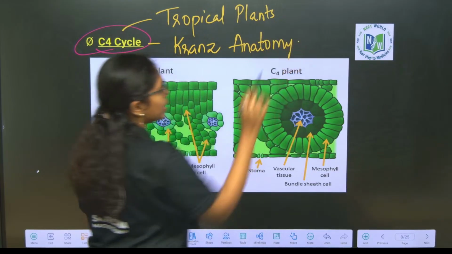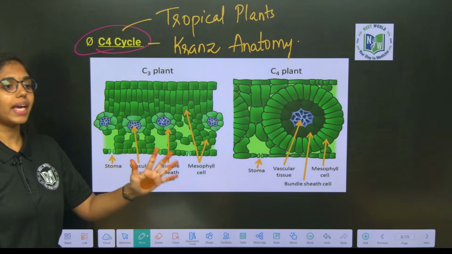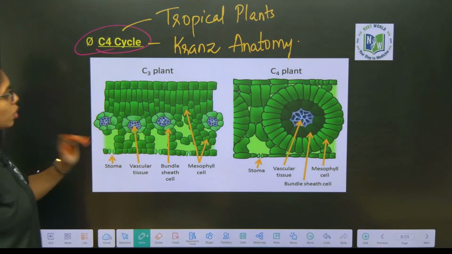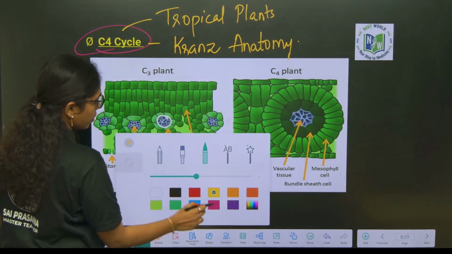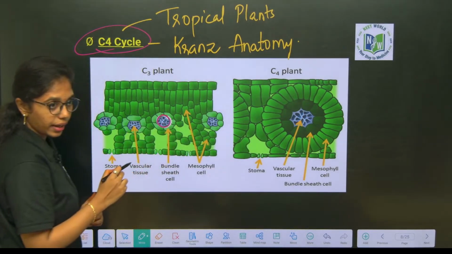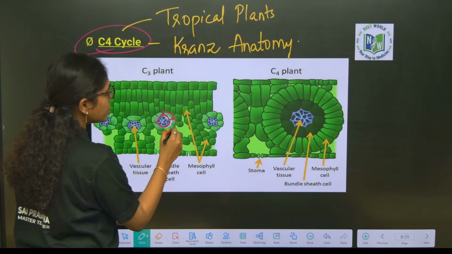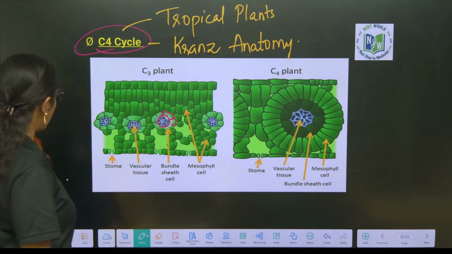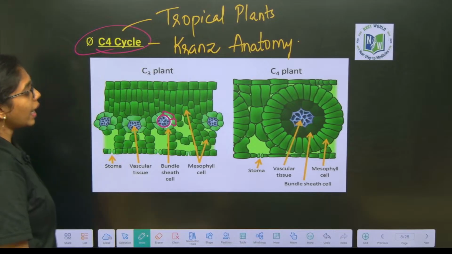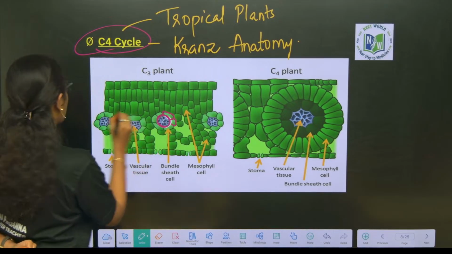First you have to understand this Kranz anatomy, then it will be easy to understand the mechanism of the C4 cycle. Look here, vascular bundles are there. Surrounding these vascular bundles you have bundle sheath cells. Bundle sheath cells also have chloroplast.